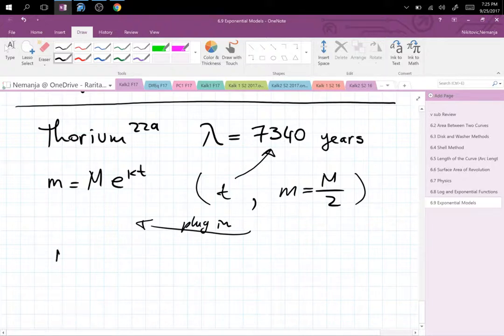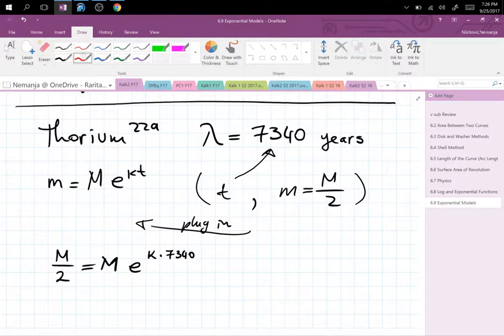So now when you plug in, you get that the mass is half of the original mass, which equals the original mass times e to the k times 7340. All I did is plug in all of the values that I have. And now observe that this m cancels. It doesn't matter whether you have 3 grams or 3 tons of thorium, right?